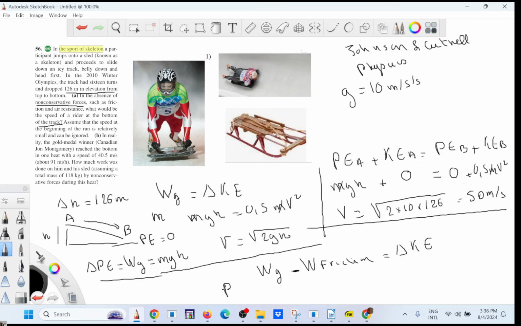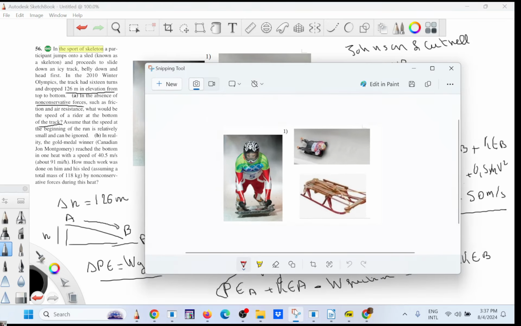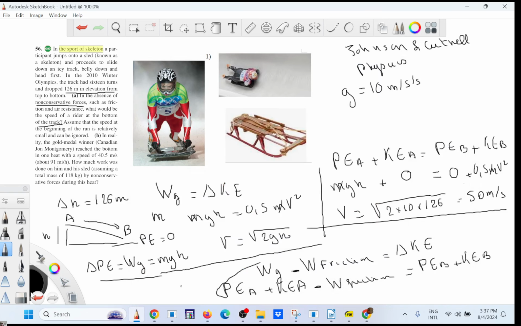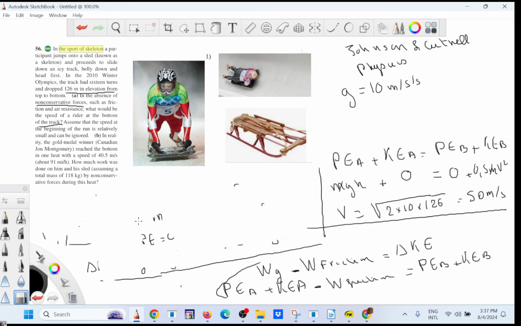Or you can say the potential energy that you begin with, plus the kinetic energy that you begin with, minus the energy lost to friction, will be equal to the final potential energy plus the final kinetic energy. Okay, so same thing. So you're going to have one problem like this.